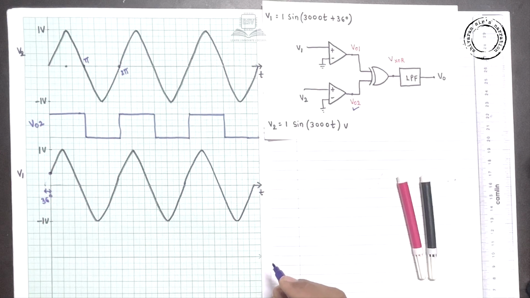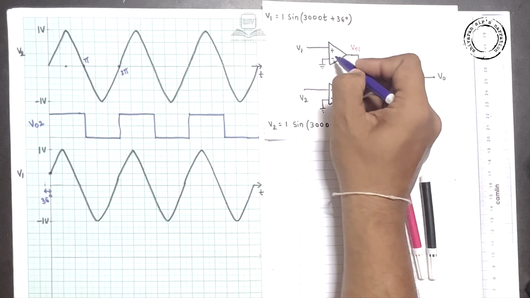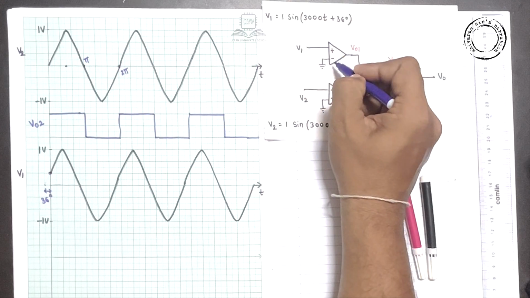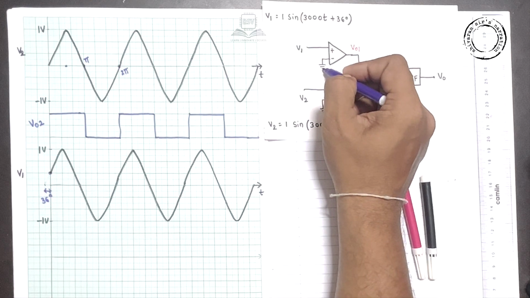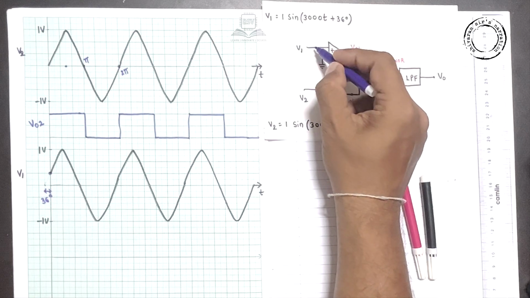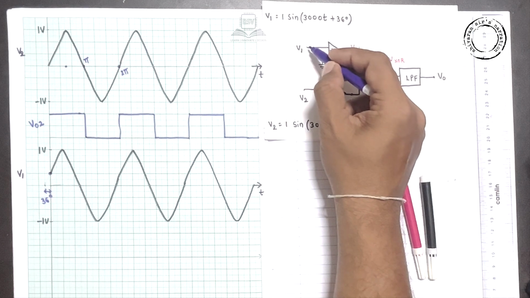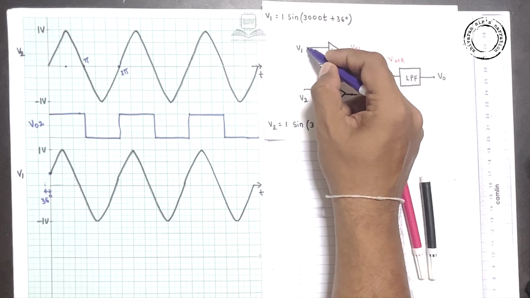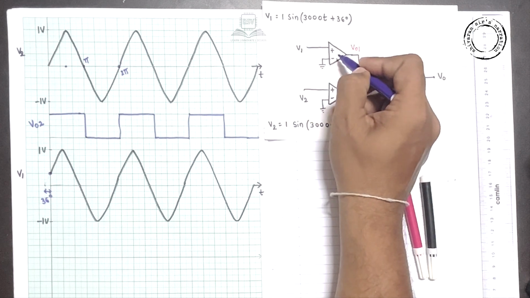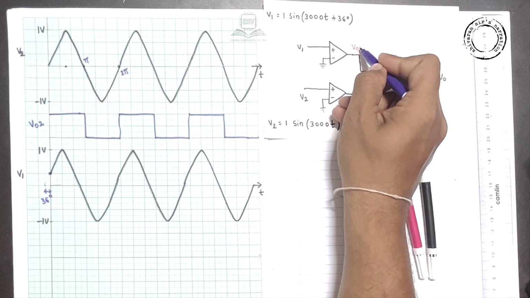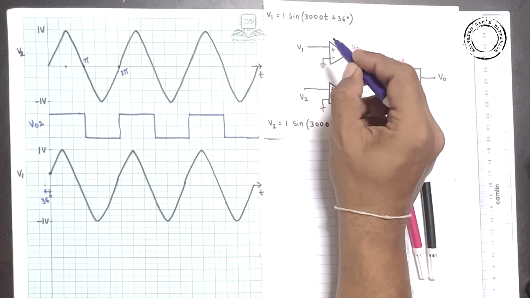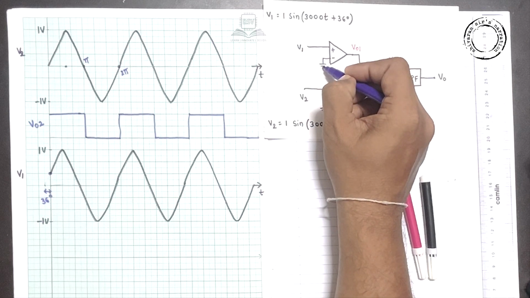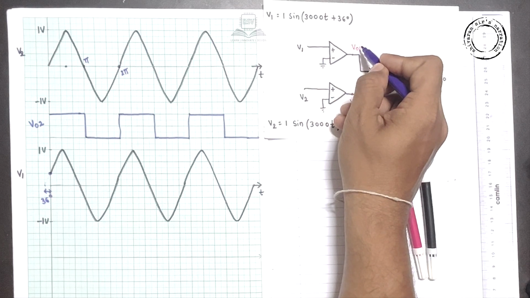Now let's enter into the question again. See, this is V1 and the inverting terminal has 0 volts. As per V1, whenever V1 is in the positive half cycle, we get the output as the maximum voltage of 5 volts, and whenever V1 is less than 0, the output will be 0.